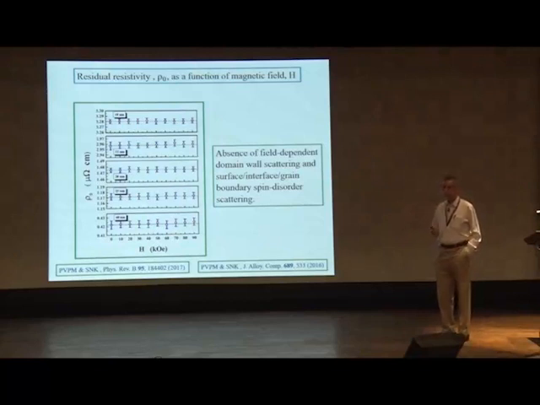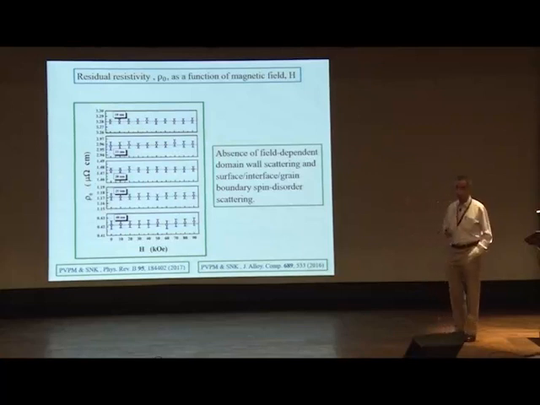So you could in principle have some contribution to the residual resistivity coming from the domain wall scattering, and also the fact that you have surface. Now at the surface you can have spin disorder that could also give an additional contribution to the residual resistivity in principle.